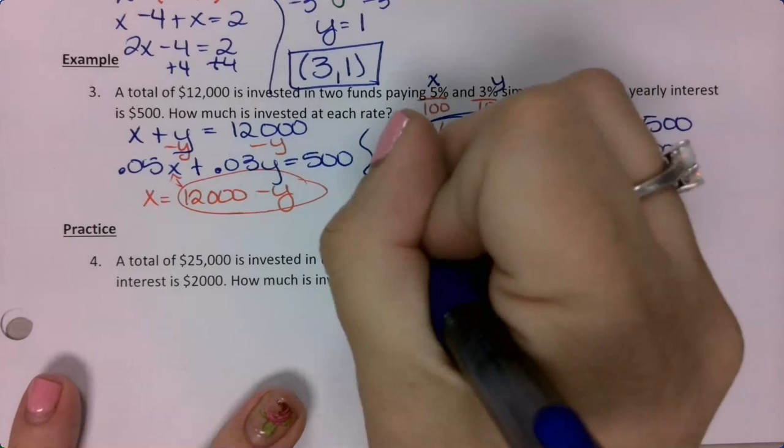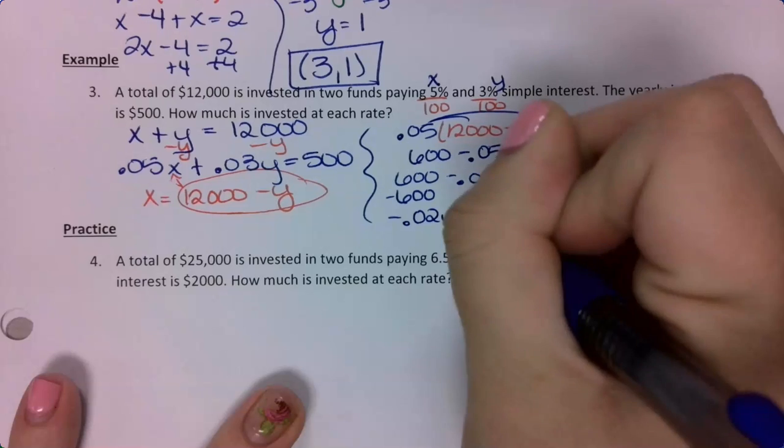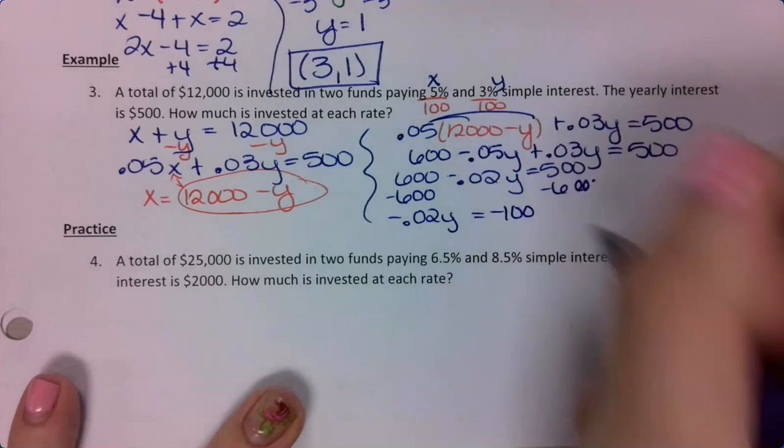Okay, so that leaves me with negative 0.02y on the left and negative 100 on the right.